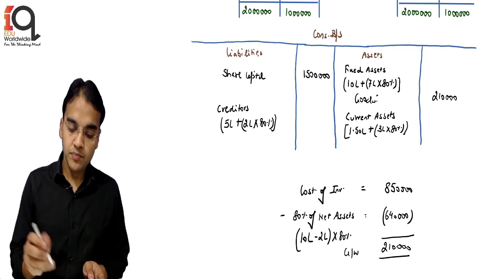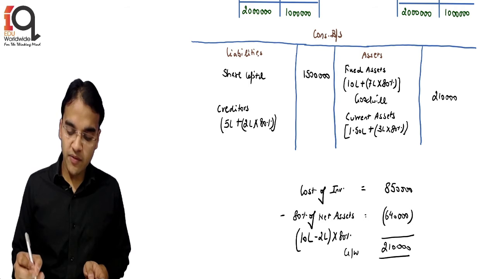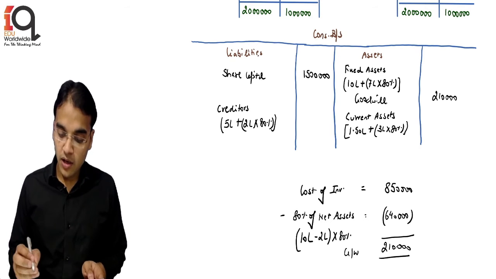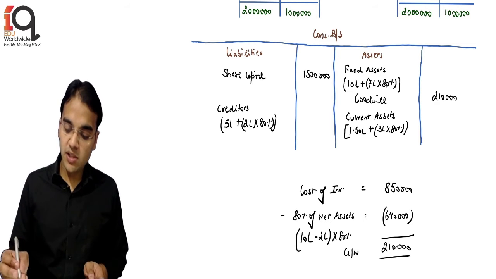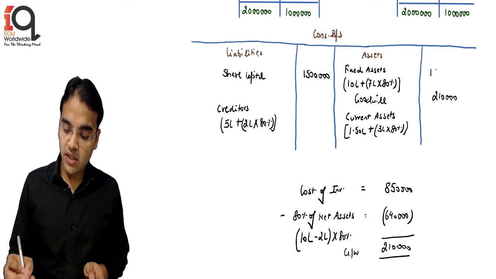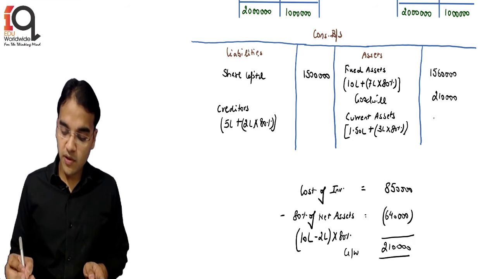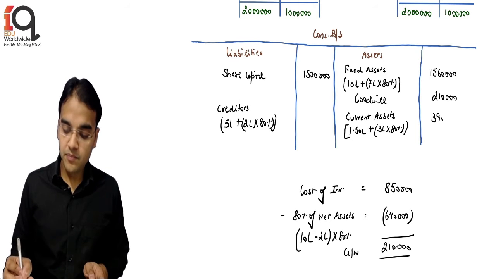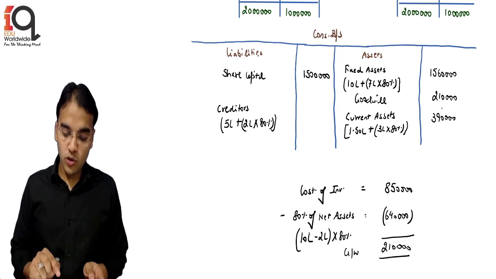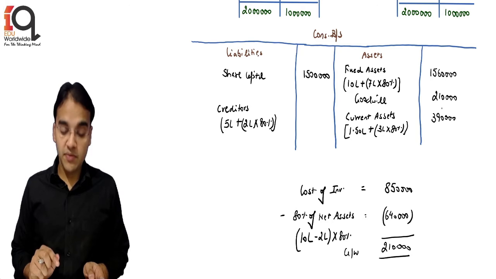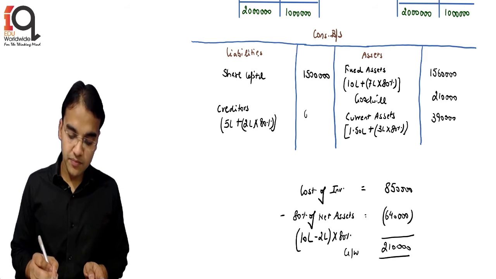Now if I put the other values as well, let's say 7 lakh into 80%, 560 plus 10 lakh, that is 1560. 240 plus 150, that is 390. 2 lakh into 80%, 160 plus 5 lakh, 660.